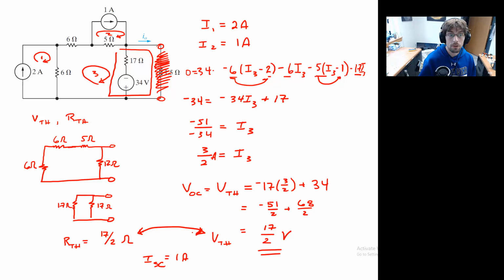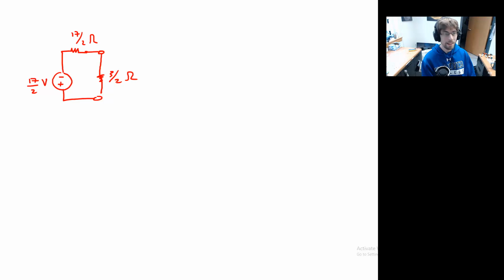Now we can model this whole rigmarole as, oh, let's get the polarity right. Okay. We can model this whole rigmarole as the Thevenin potential, 17 halves, with a Thevenin resistance of 17 halves ohms. And then we hook in our load resistor, which was 3 halves, 1.5. And again, we can find the current through that. Why not?